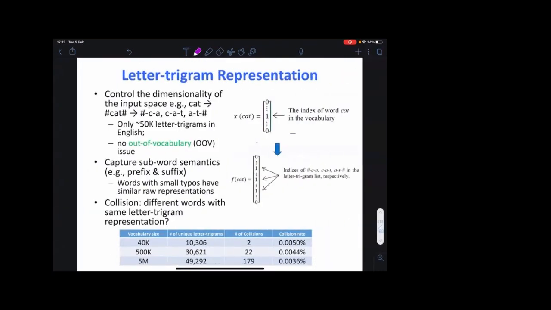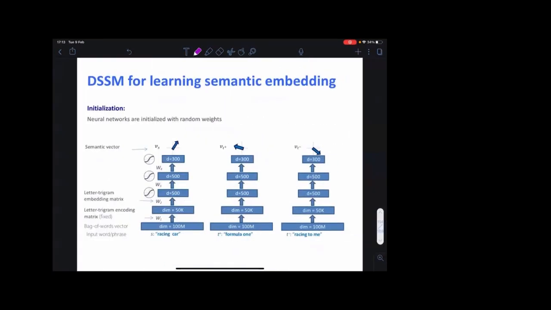Typically people use letter trigrams rather than words to represent the tokens, so the vocabulary space would be much smaller, and you don't have the out-of-vocabulary problem.